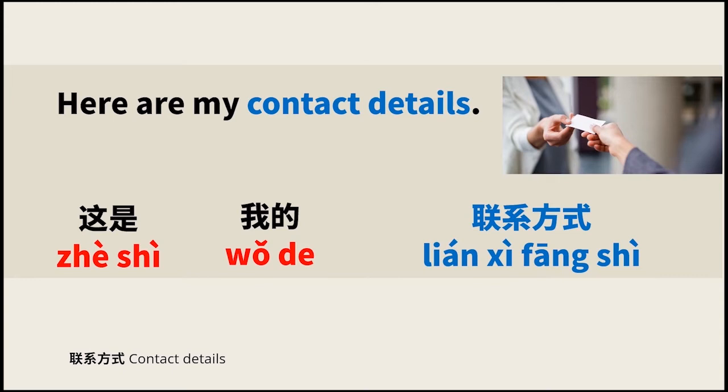So it could be email or fax, whatever. 联系方式 includes everything. 这是我的联系方式。Here are my contact details.